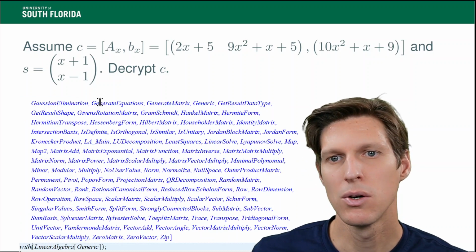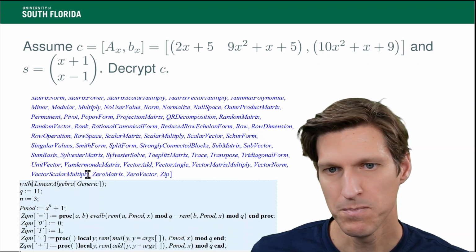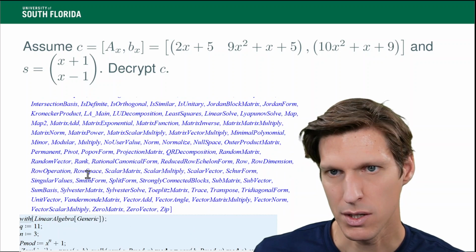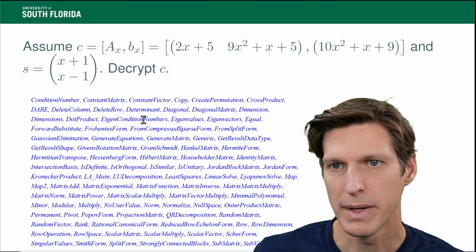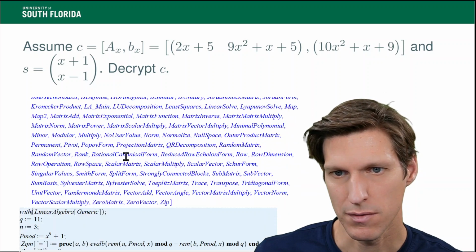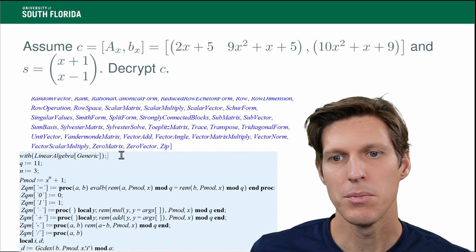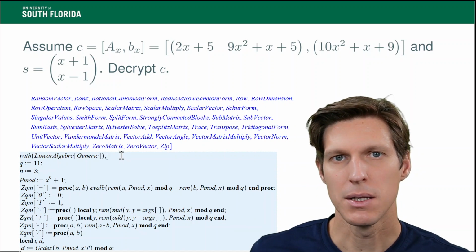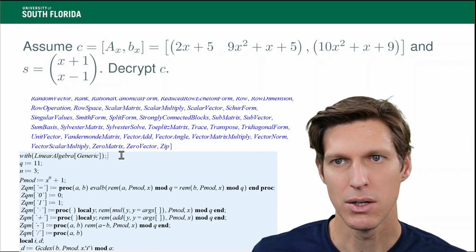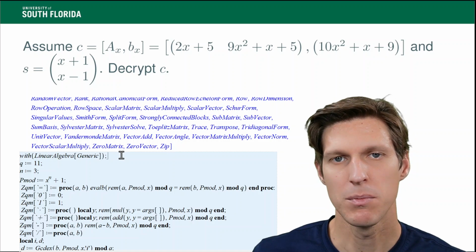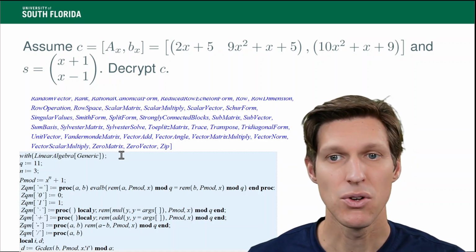First, I need to load a linear algebra package. Do not pay attention to this; it's just giving you determinants, matrices, and all that stuff. Now here it gets to a tricky part. Because we're working with matrices with entries in a particular ring, polynomials modulo x to the n plus 1, Maple has to be told what to do with that.